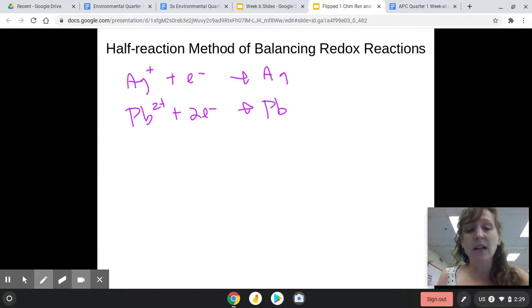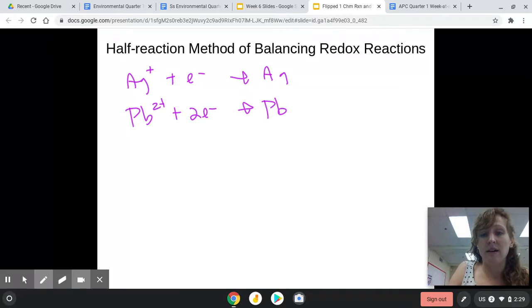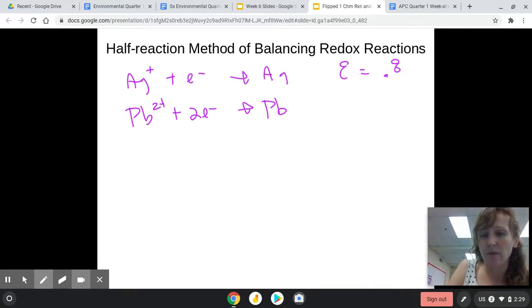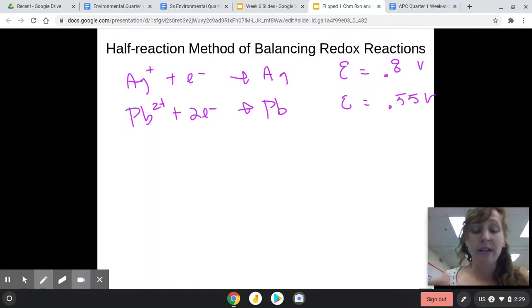Okay, so let's break these down bit by bit. First of all, we need to flip one, and we're going to flip based on the cell potential again. I think silver is somewhere around 0.8. I'm not sure what lead is, so let's just make one up for lead. Let's say lead is 0.55 volts. This is in volts. Remember, if you want it to be spontaneous, you need the total cell potential to come out positive.